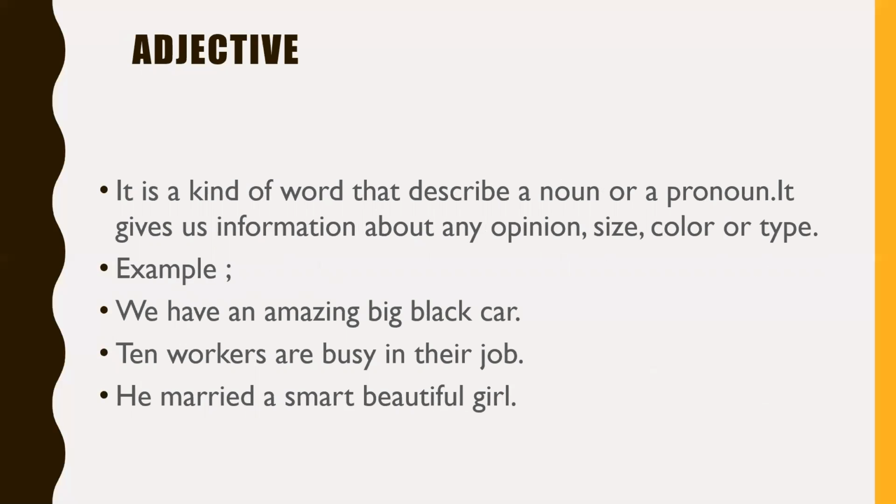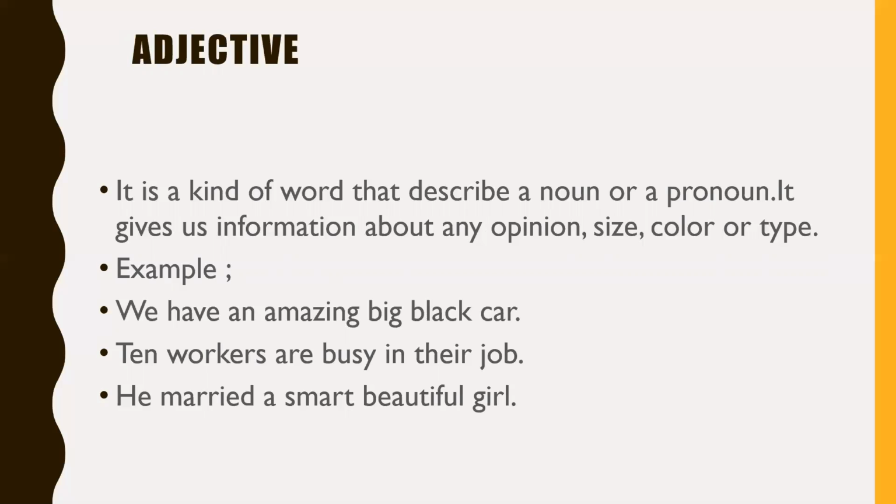Come to next, adjective. It is a kind of word that describes a noun or a pronoun. It gives us information about any opinion, size, color, or a type. For example, we have an amazing big black car. Now you see that in a single sentence, more than one adjective is used.